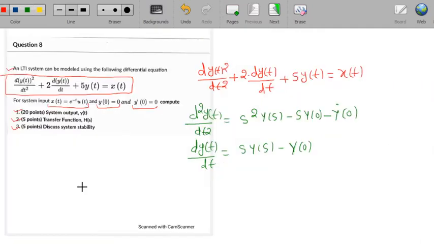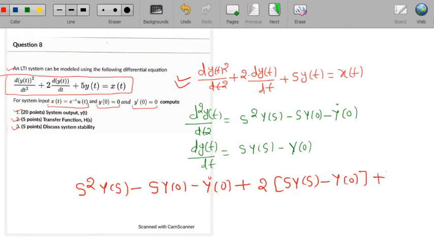So we put s square Y of s minus s y of 0 minus y dash 0, plus 2 times s Y of s minus y of 0, plus 5 times Y of s, equal to X of s. So what do we get here?